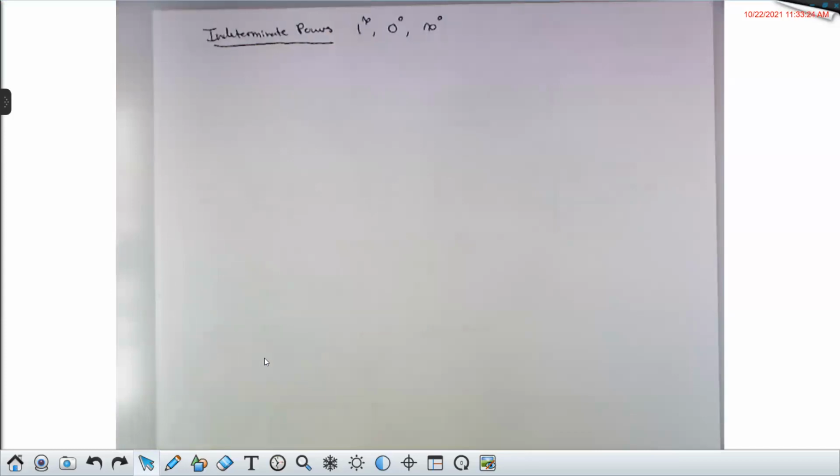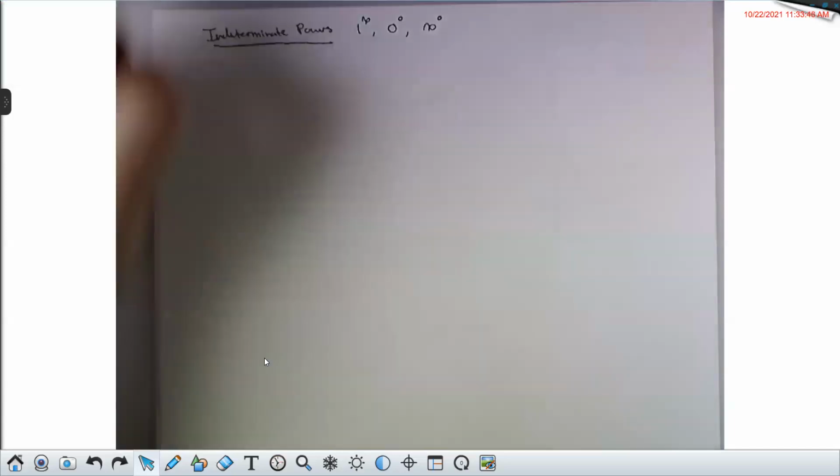These usually require that we take a step back and rewrite the expression using logarithms in order to turn it into an indeterminate product. And then we work with that indeterminate product algebraically to turn it into an indeterminate ratio. And then we apply L'Hopital's rule.